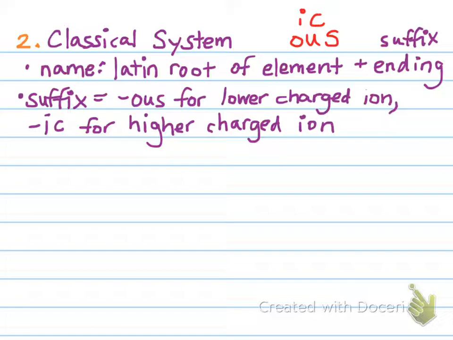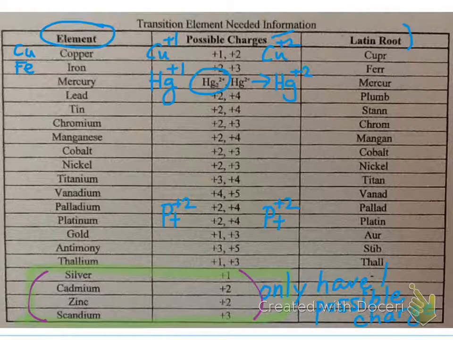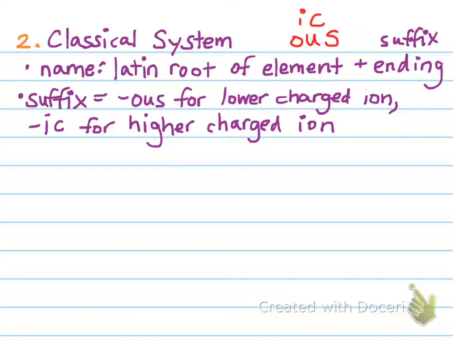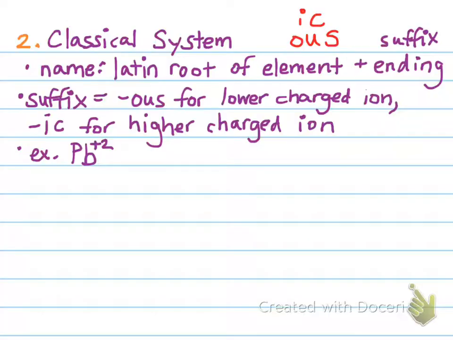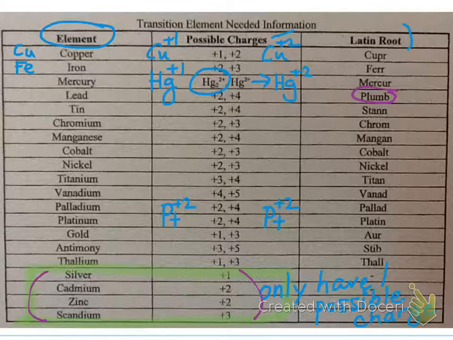Okay? So if we looked at that same example that we did, the lead 2 ion, right? So I need to first find lead and find its Latin root, which is plumb. So this is going to be a plumb. And now I need to see, is +2 the lower or higher charged?